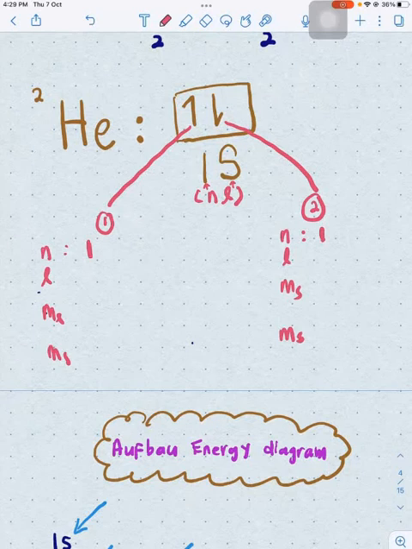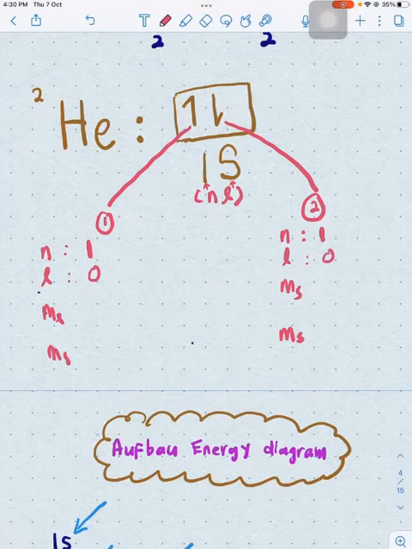Okay. So now, let's move to L. What is the value of L for the first electron? 0. Okay. Zero. So, sebab kita tahu dia berada dalam bilik S, makanya L dia adalah kosong. How about the second electron? 0 juga.